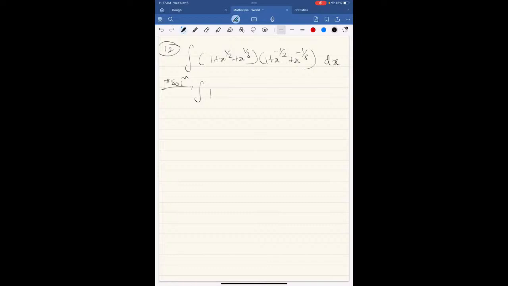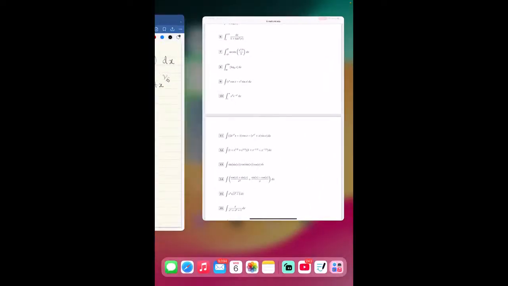So if I do that, I will get 1 plus x to the power minus half plus x to the power minus 1/3 plus x to the power half plus x to the power 0 plus x to the power 1/6 plus x to the power 1/3 plus x to the power, this is getting pretty messy though. Let me just do it anyway.